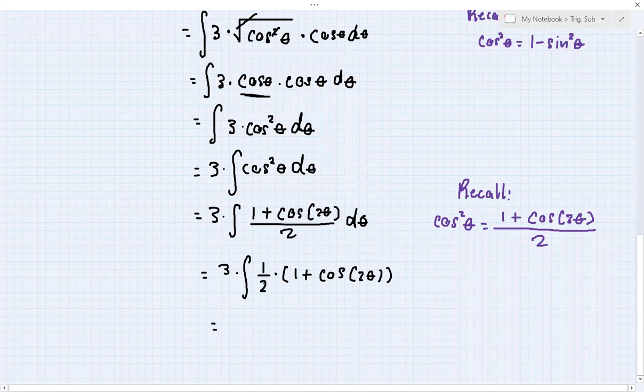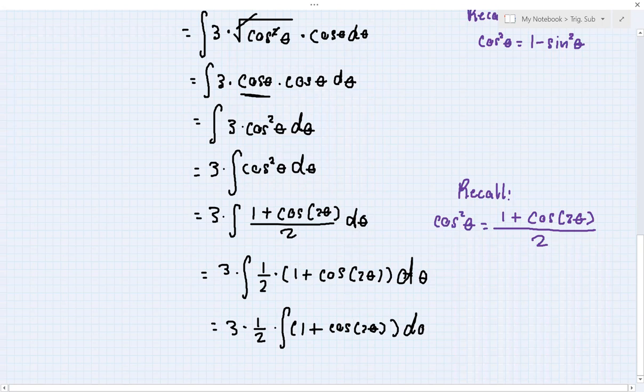So, in this case, wait lang, d theta pala to. Sorry guys. Ayan. Since meron na akong 1/2, pwede ko na siyang ilabas. Kasi constant din to. So this would be 3 times 1/2 times the integral of 1 plus cosine of 2 theta. Ayan.